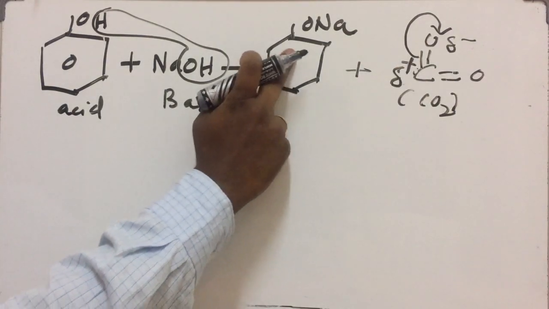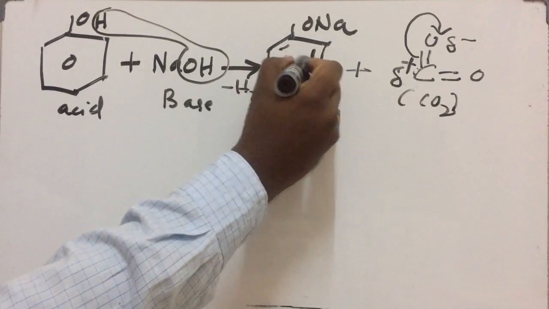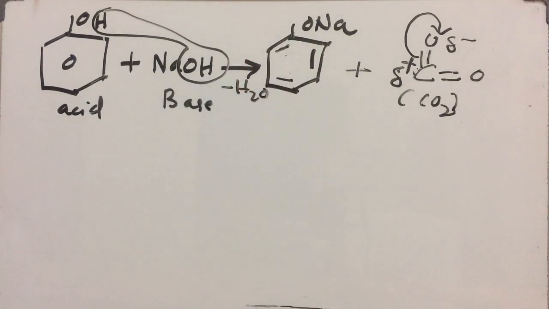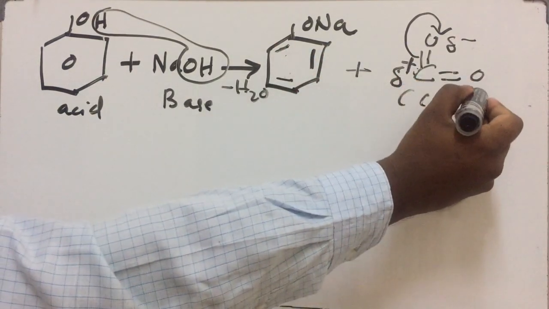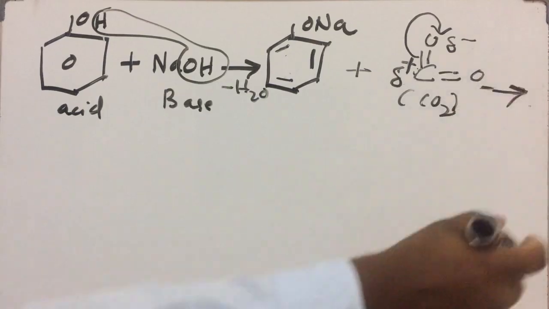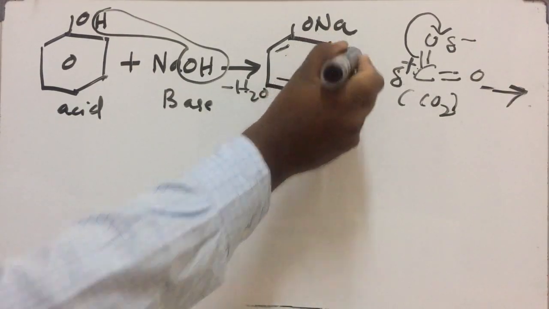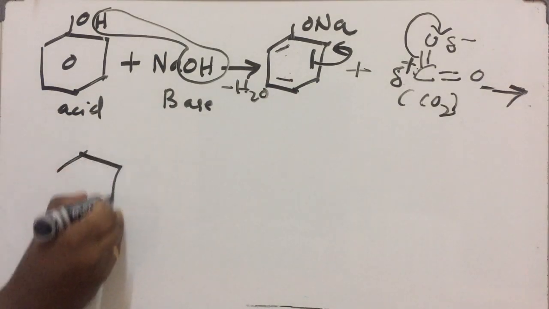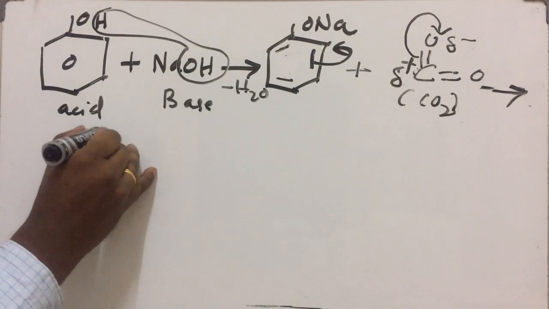Instead of the ring, we can represent it by using pi bonds, double bonds. There are 3 pi bonds. Now here it undergoes an electrophilic substitution reaction. These pi electrons will shift to this carbon. Then it becomes negative, ONa.